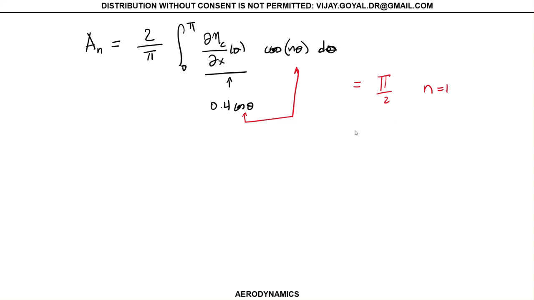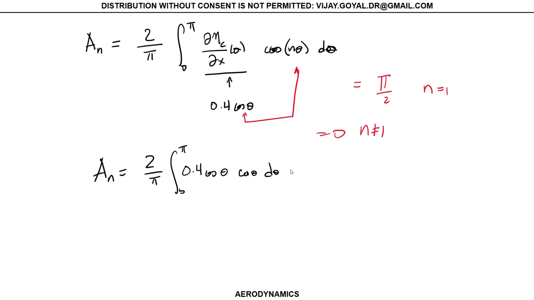For any other value of n, any value different from 1, it would be equal to 0. Okay, so immediately we know the coefficient is 2 over pi. If I want to write it completely, not to jump any steps here, cosine of theta, cosine of theta, d theta.